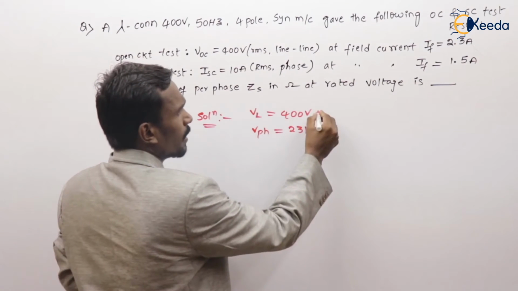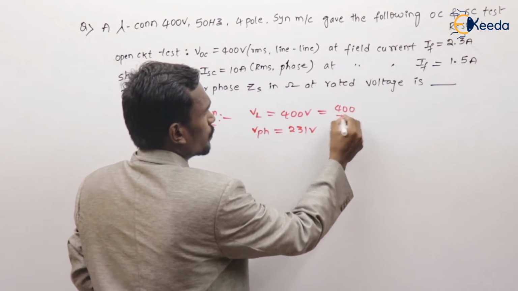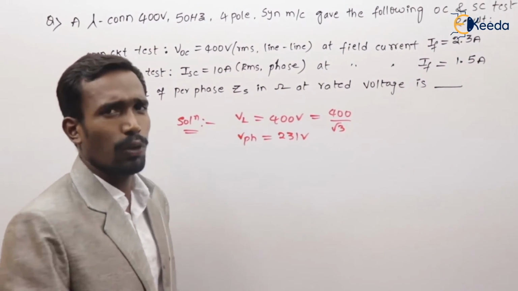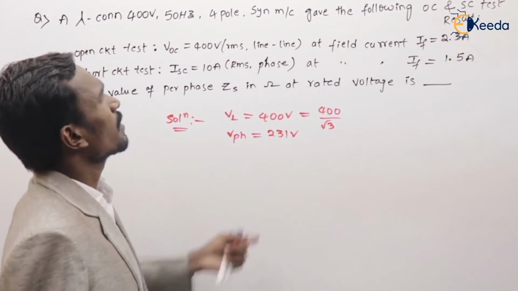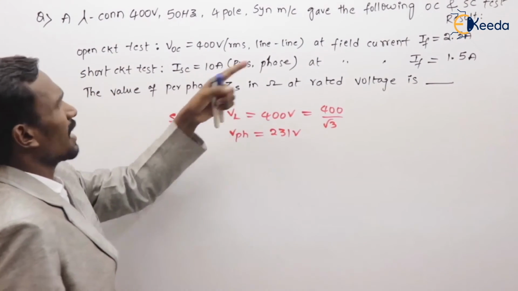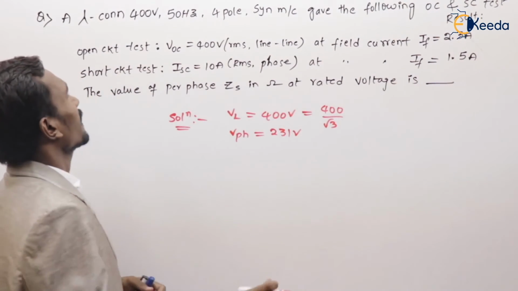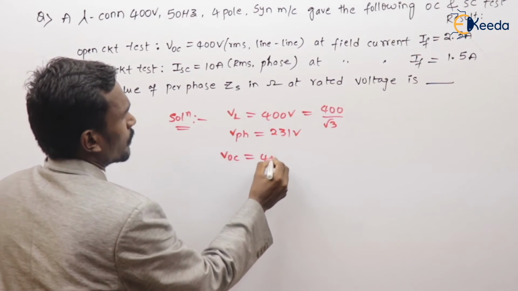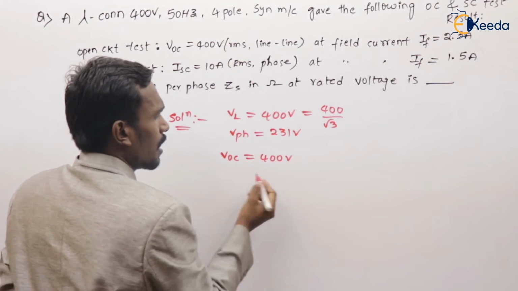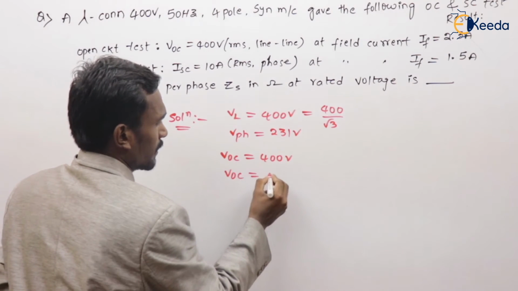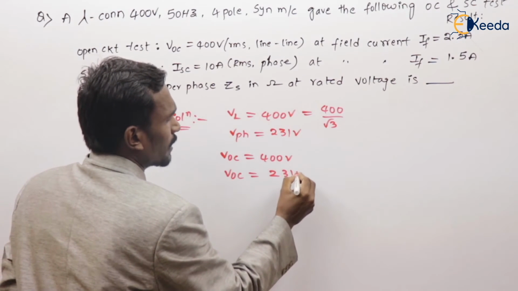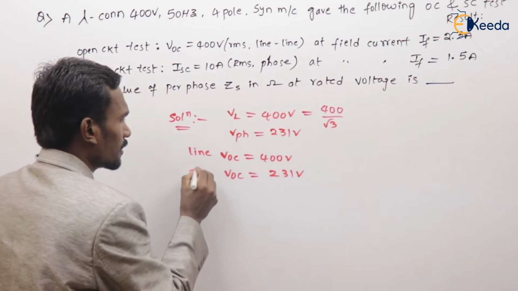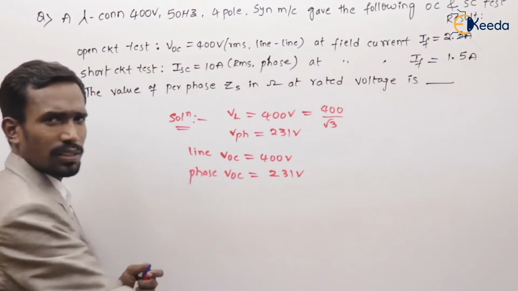How? 400 divided by root 3 is around 231 volts. OC and SC test data are given below. EOC equals 400 volts, or VOC equals 231 volts. This is the line voltage, and this is the phase voltage.